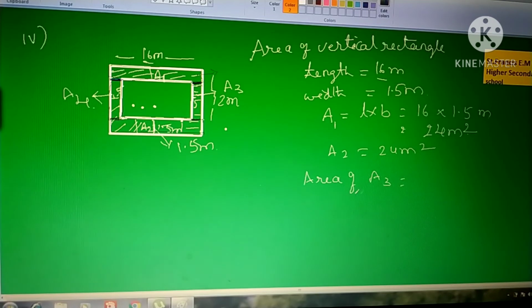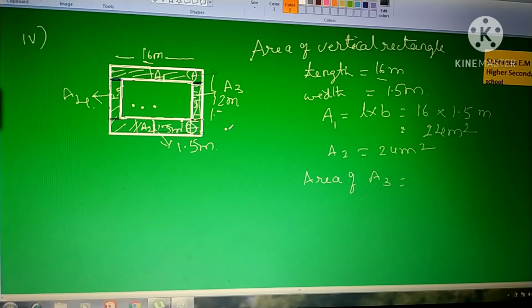Now come to the area of A3. A3 is this region here. Understood? Now this width is also 1.5 only, and coming to this length, here they have given 12 meters. But some region we lost here. So this is the total, right? So from this we have to cut this length and this length. How much is this one? 1.5. Here 1.5, here 1.5.